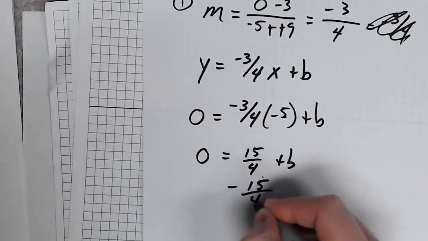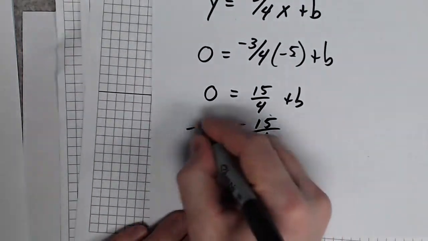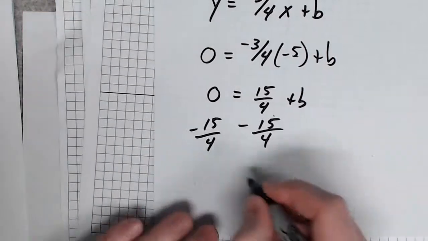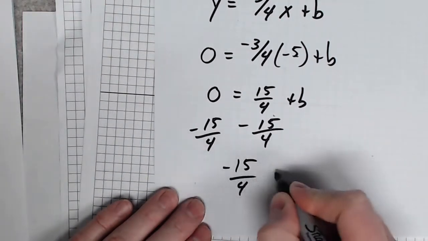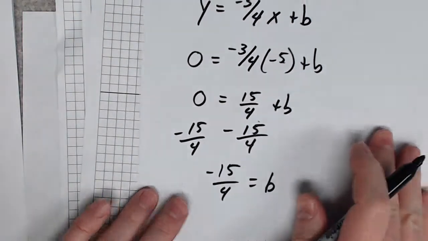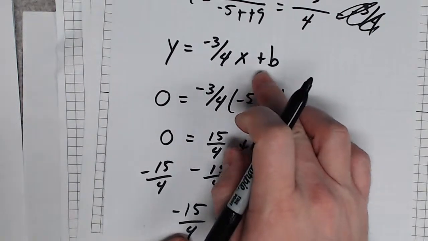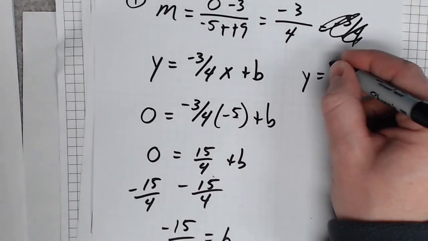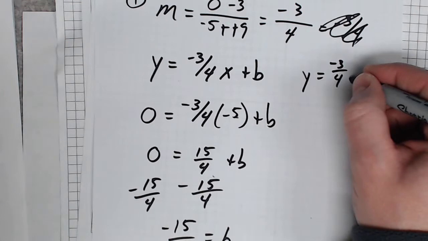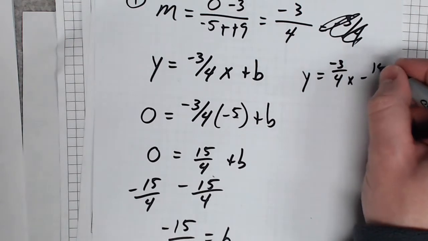Subtract off 15/4. I get negative 15/4 equals b. And that's my b value right there. y equals negative 3/4 x minus 15/4.